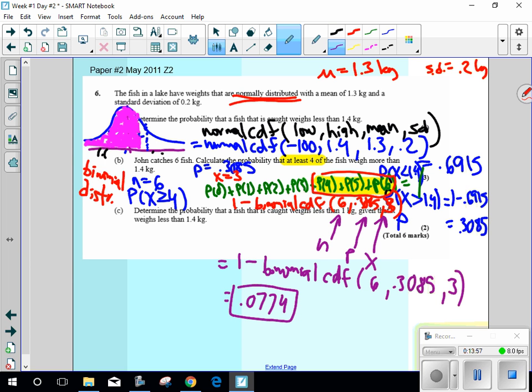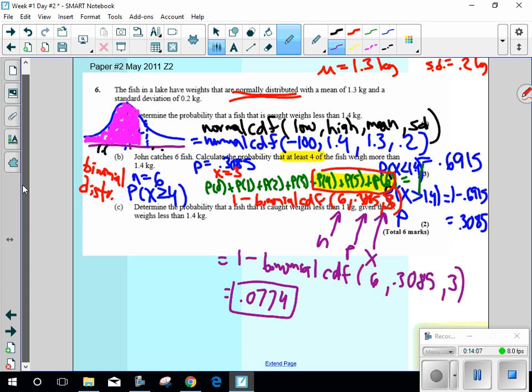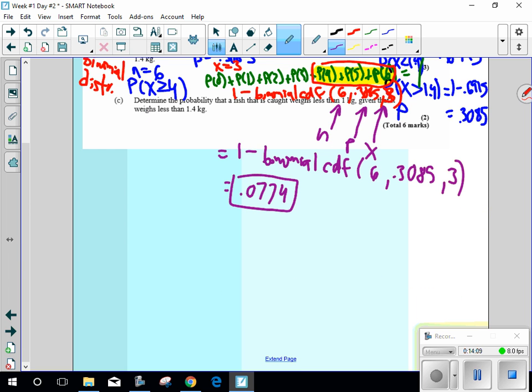That's the right answer. And then the last part, determine the probability that a fish that's caught weighs less than 1 kilogram, given that it's less than 1.4. Let me show you what they're talking about here.